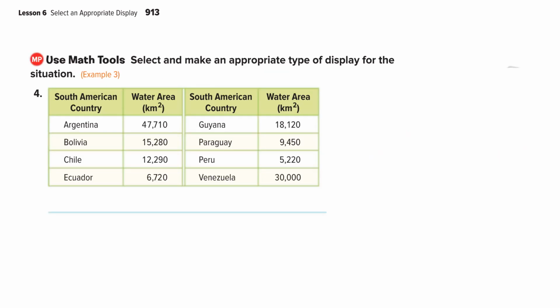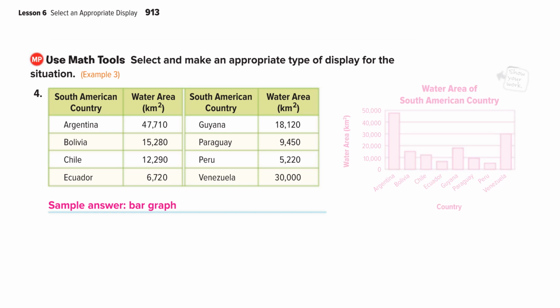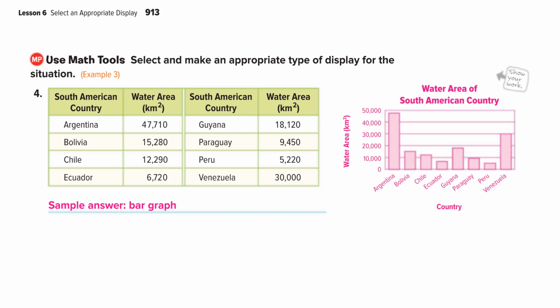Use math tools. Select and make an appropriate type of display for the situation. You could have drawn a bar graph. If you did, it would look something like this.